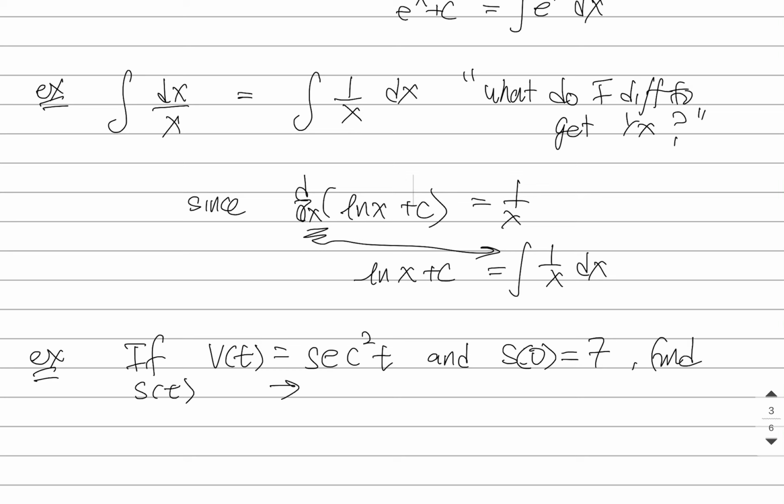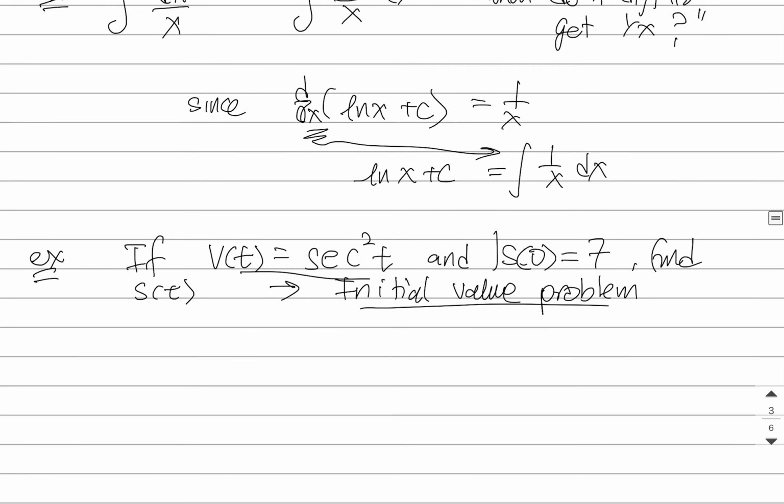This is something called an initial value problem. You encounter these in physics all the time. You're given something about the velocity and you're told some initial state of the problem.